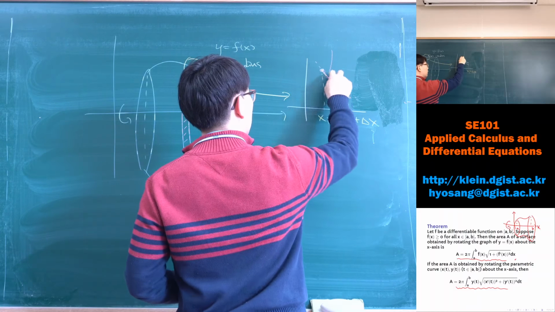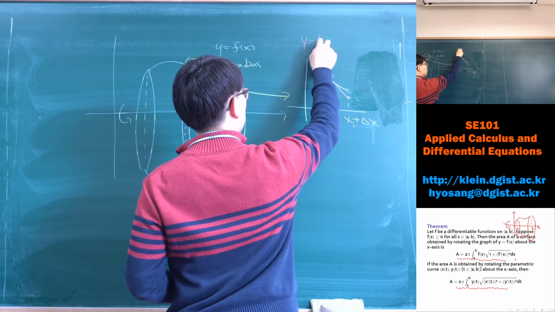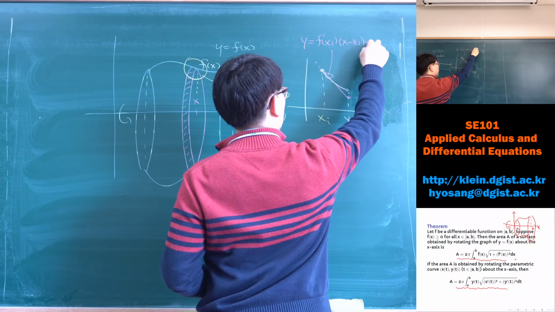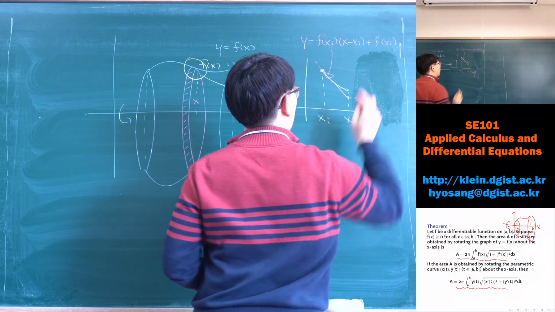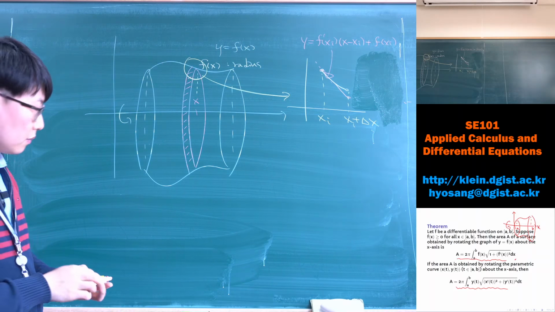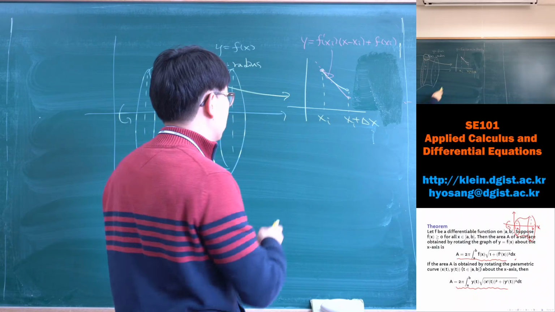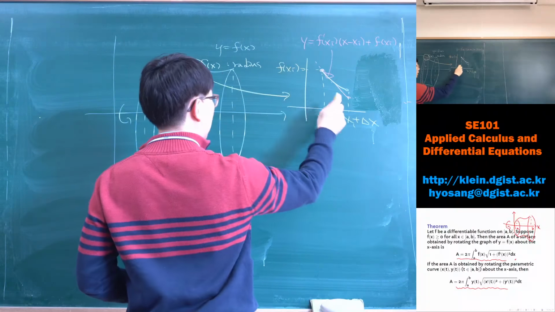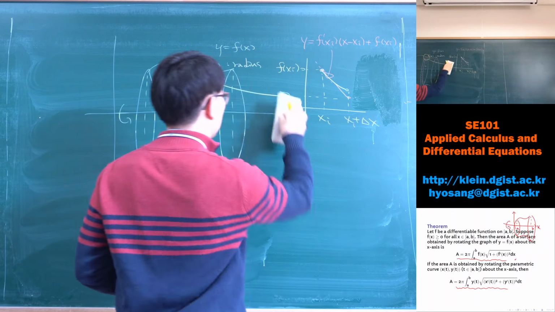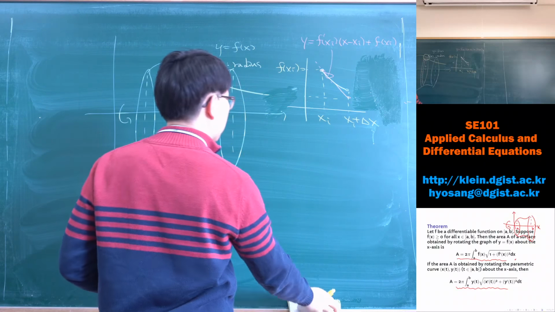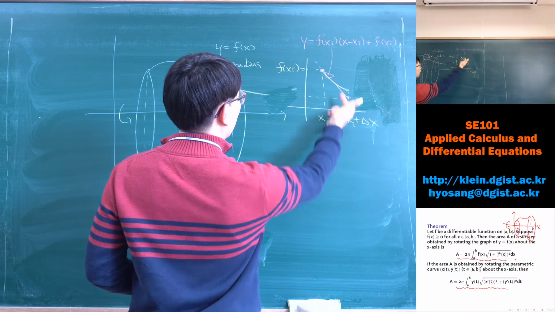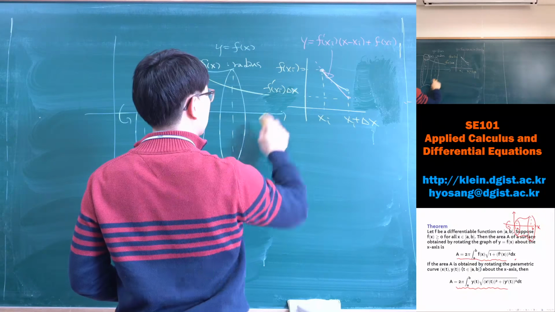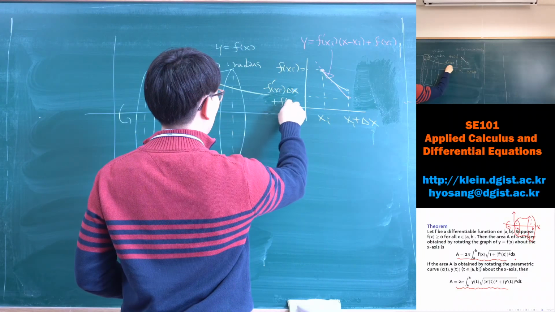So this linear approximation is y equals f prime xi times (x minus xi) plus f xi. Using this approximation, I started from f of xi, and when x minus xi is delta x, I get f prime xi delta x plus f xi.